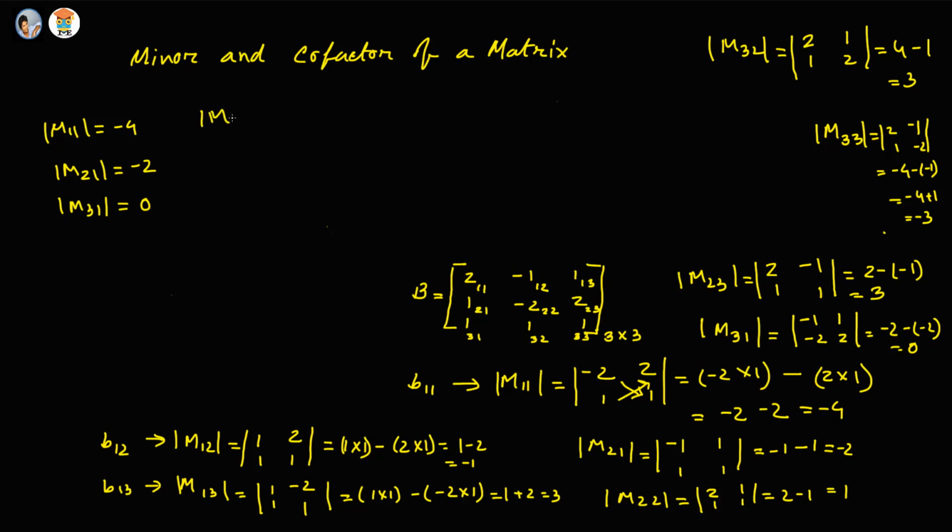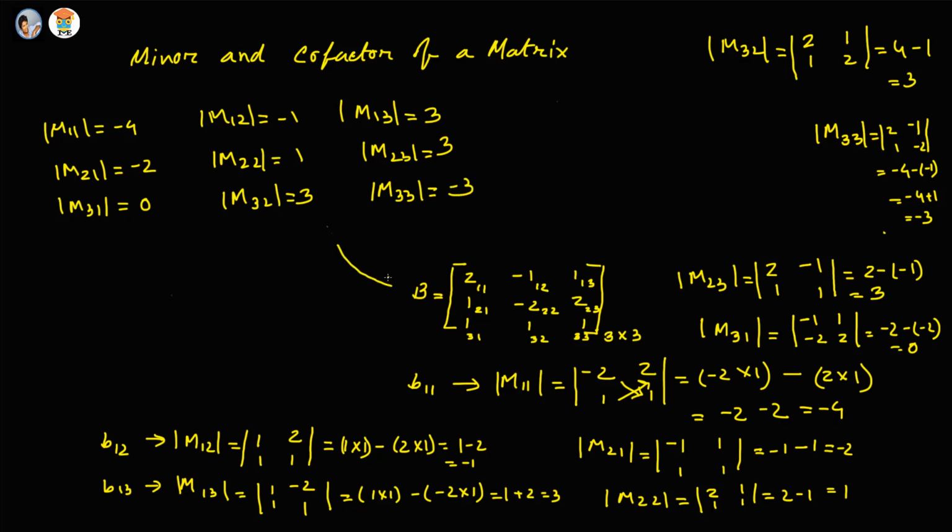Similarly, M12 is equal to minus 1, M22 is equal to 1, M32 is equal to 3, M13 is equal to 3, M23 is equal to 3, and M33 is equal to minus 3. For this matrix.